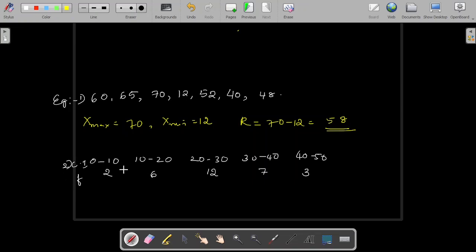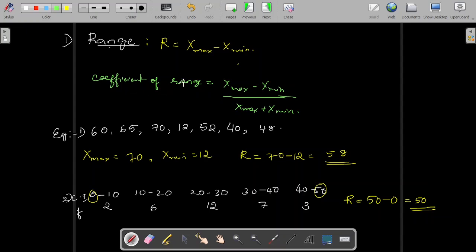Even if it is grouped data, you can get the range. Minimum value is 0, maximum value is 50. So it is in interval form. You have to see the lower limit of the first interval and the upper limit of the last interval. So 50 minus 0 gives you 50. So the range here is 50. This is how we calculate the dispersion using range.